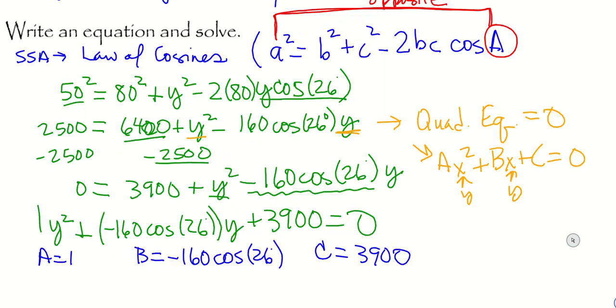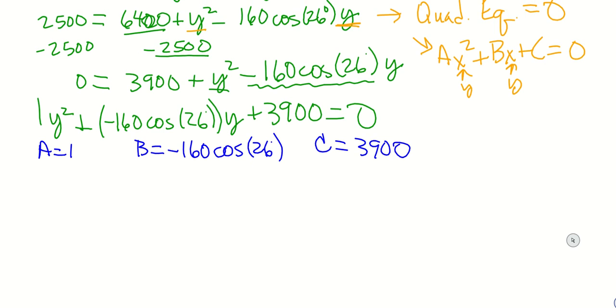So let's just review that quadratic formula. The quadratic formula says that your variable, x, equals the opposite of b plus or minus the square root of b squared minus 4ac, all over 2a.